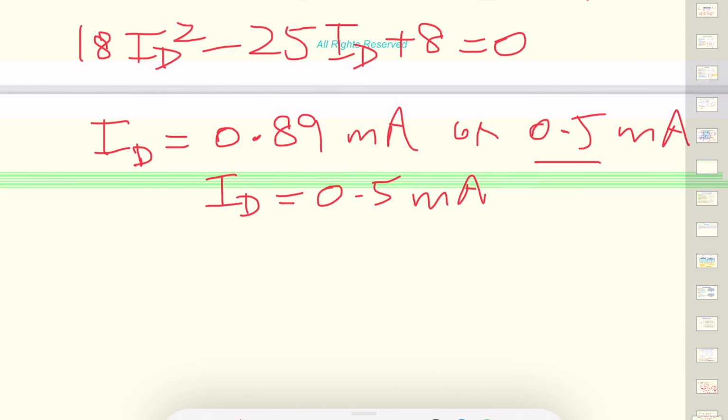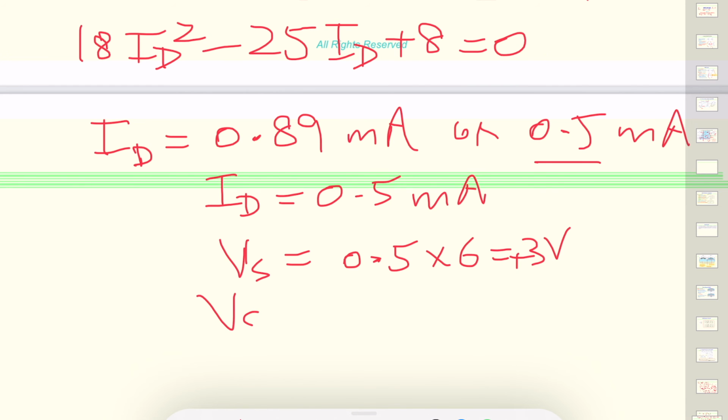And with that we can find the source voltage. We know the resistance on the source side, so that would give us the source voltage, and that's plus 3 volt. Now the gate to source voltage is then gate minus source, which is 2 volt.